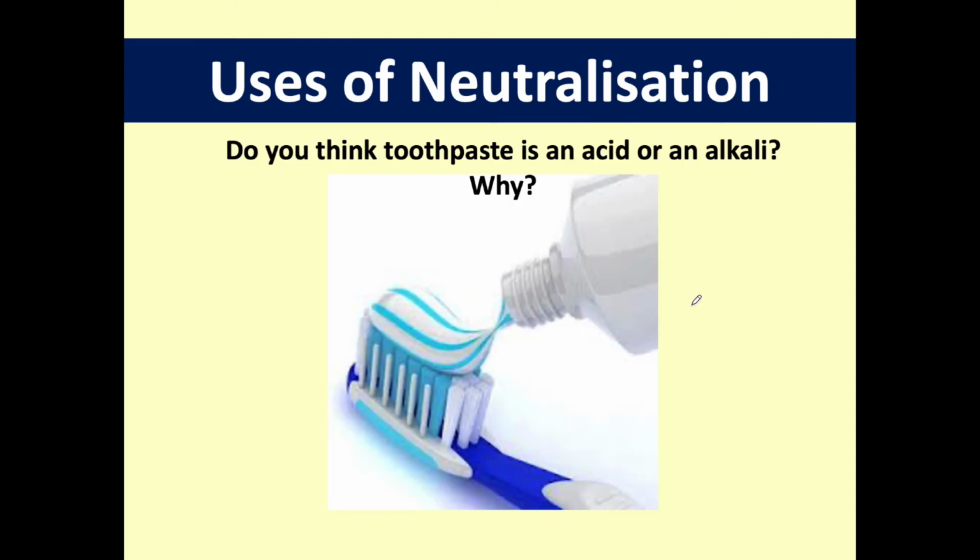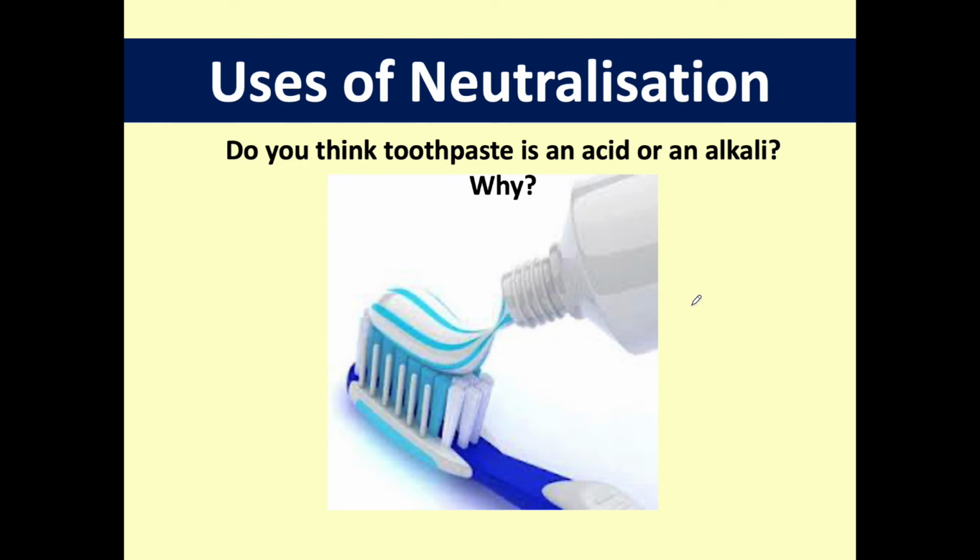Do you think that toothpaste is an acid or an alkali? Why? So I don't need you to write this answer, I just want you to have a think. So if you remember the pH scale from a couple slides back, we said how lemon juice and orange juice and coffee, they were all acidic.